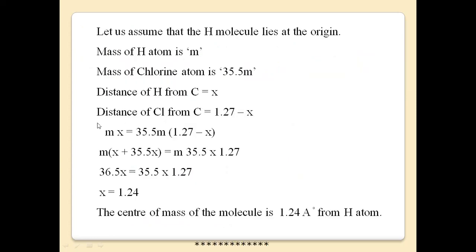So when you make a substitution, m into x equals 35.5 m into 1.27 minus x. It is like m1r1 equals m2r2, what we did at the beginning. So when you simplify, you will get x equal to 1.24. So the center of mass of the molecule is 1.24 angstrom from the hydrogen atom.